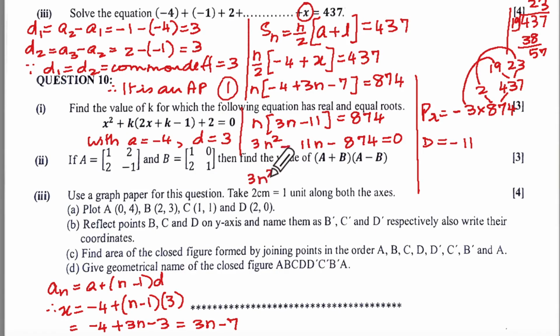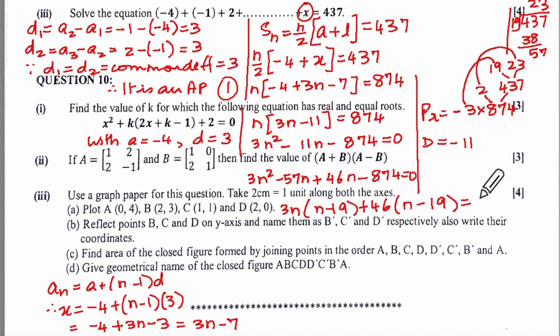So 3n squared minus 57n plus 23 into 2 is 46. Can you see the difference of these two is minus 11? So this was the time consuming part, and I'll have 3n into bracket n minus 19 plus 46 into bracket, obviously n minus 19, and I will have n minus 19 into 3n plus 46 equal to 0.